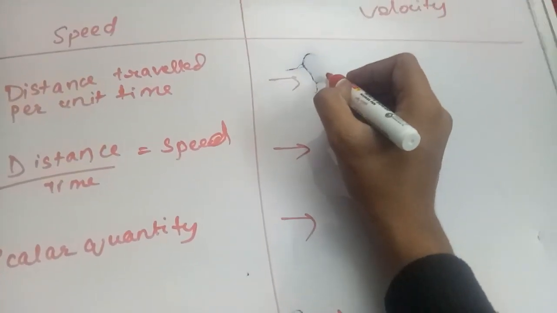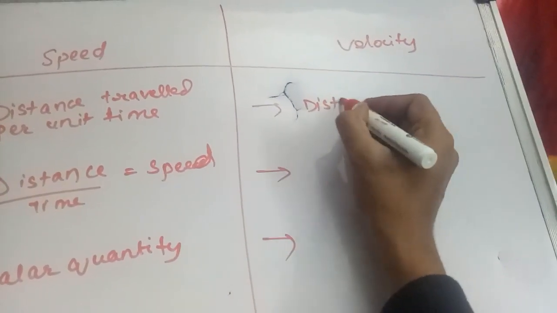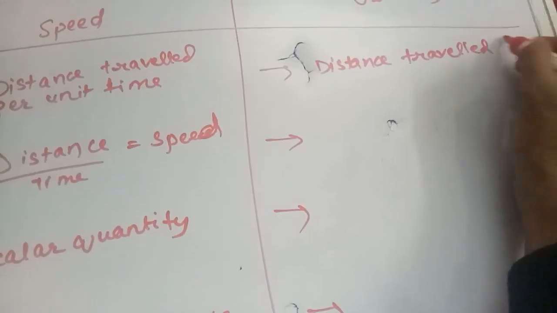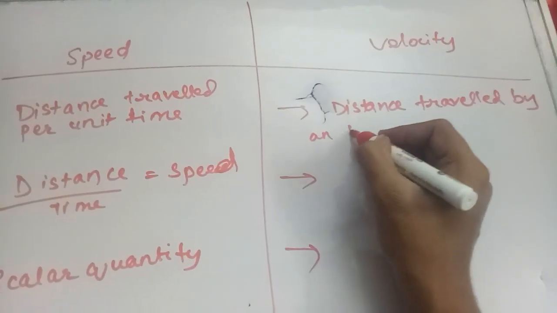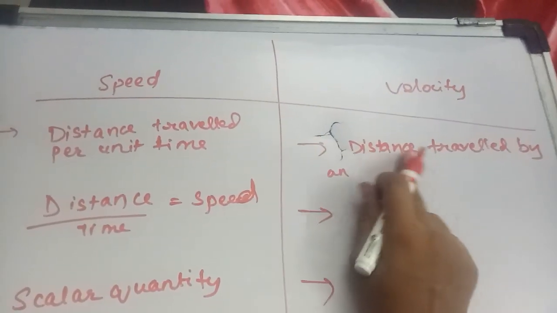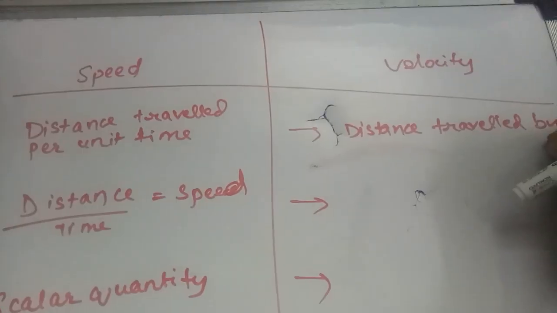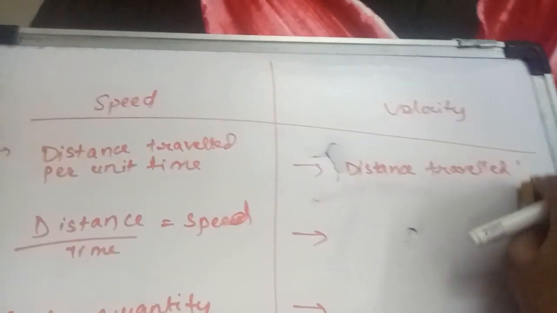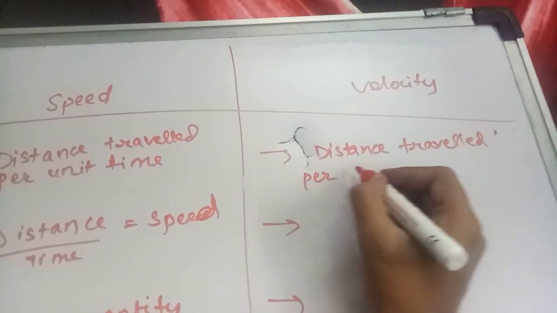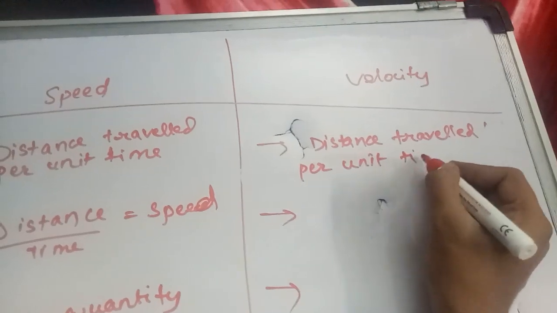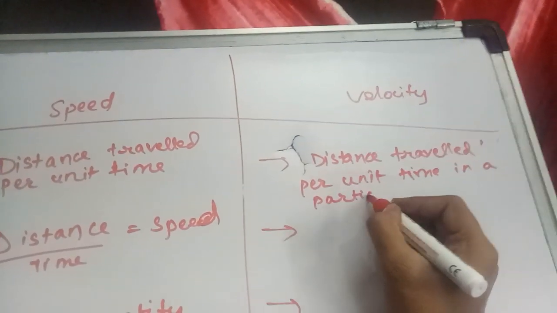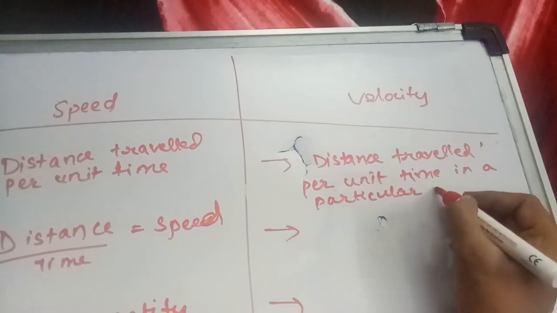What is velocity? It is the distance traveled per unit time in a particular direction.